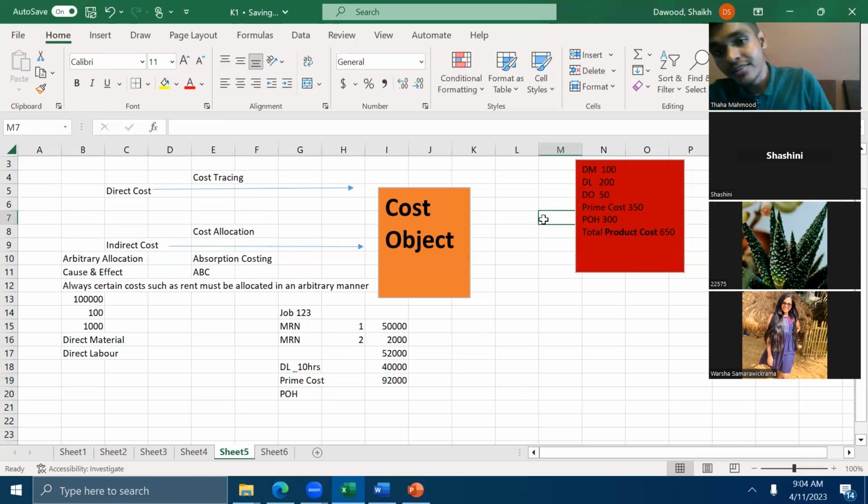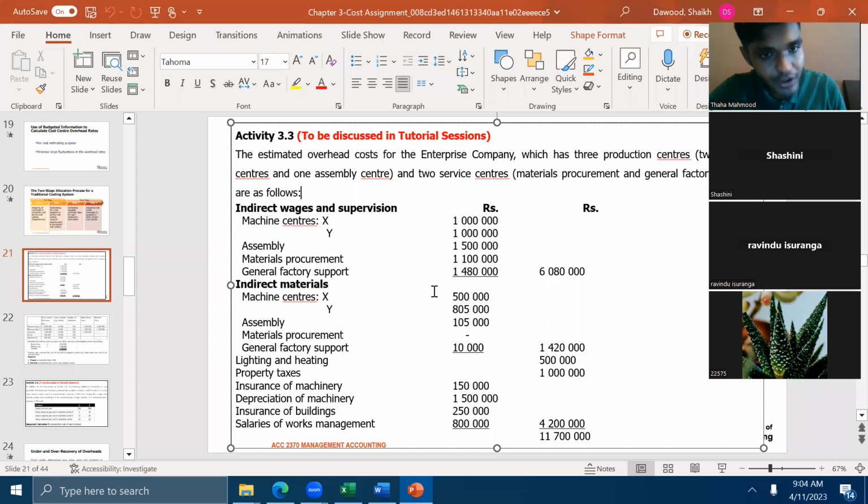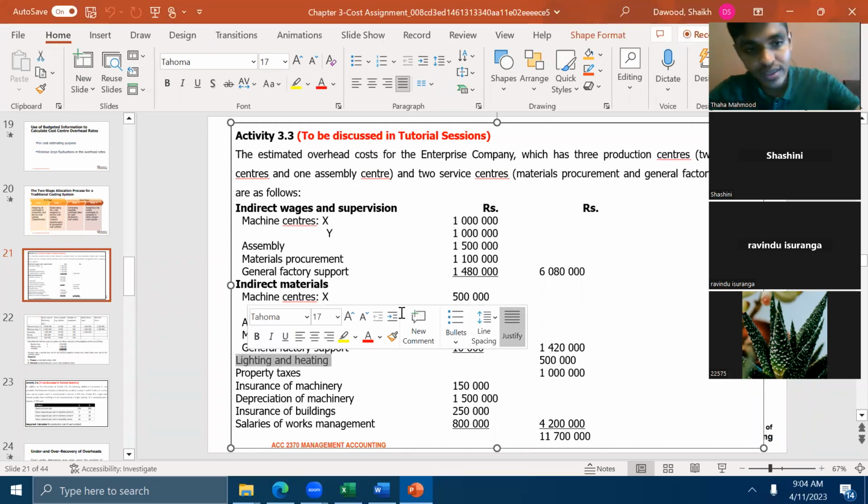But do we know how much the relevant rent for that day will be for the whole year? Let's assume that we do not know. Certain things we might know, certain things we do not. Do we know how much supervisor salary or supervisor incentives we will pay in that year? Do we know how much we will incur on lighting and heating throughout the year?